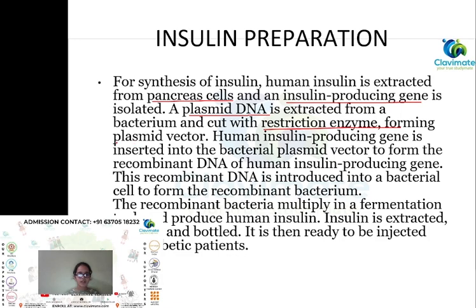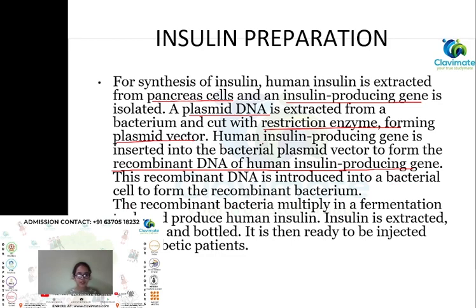This plasmid DNA extracted from the bacterium is going to act as a plasmid vector. The human insulin producing gene is inserted into this vector to form the recombinant DNA. This recombinant DNA is introduced into the bacterial cell to form the recombinant bacteria.